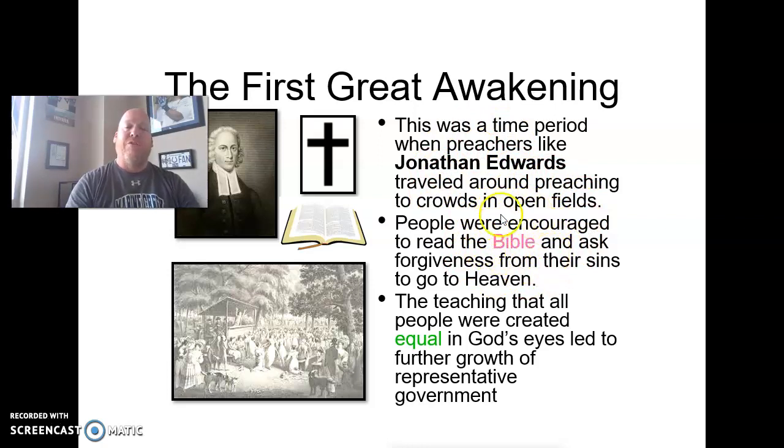They really encouraged people to read the Bible, and they taught this idea of equality, that all people were created equal in God's eyes, and that we all should be represented and protected by our governments. So religion also plays a part in this whole concept that we are now talking about.